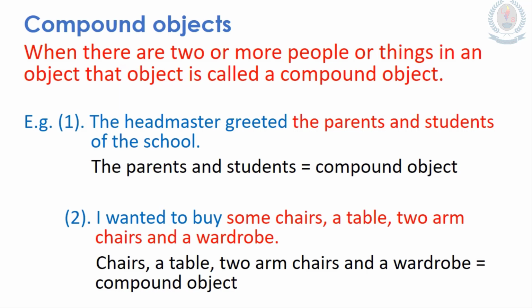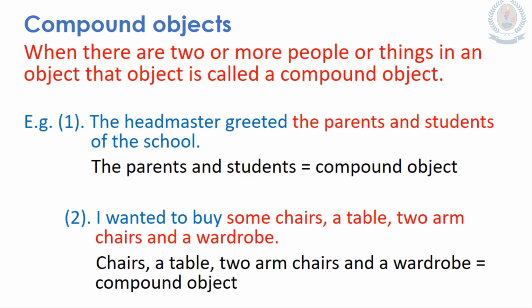When there are two or more people or things in an object, that object is called a compound object. Look at this example. When we go with examples, it is very easy to understand. The headmaster greeted the parents and students of the school.